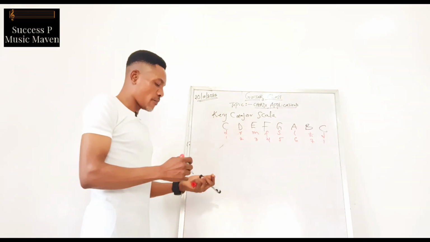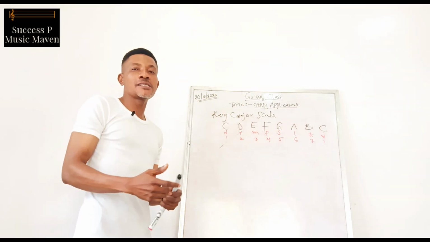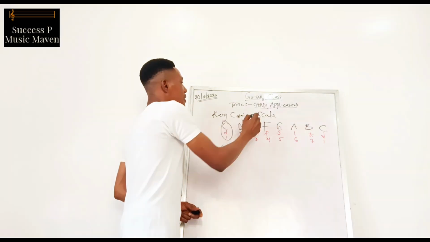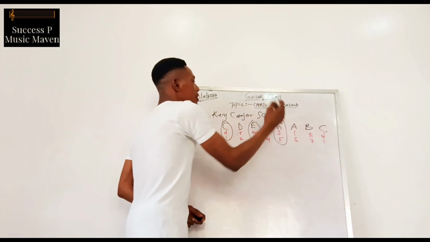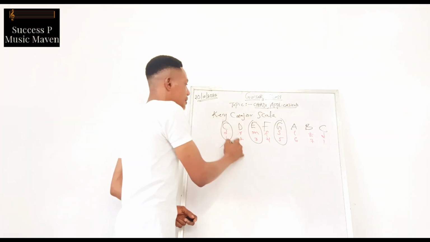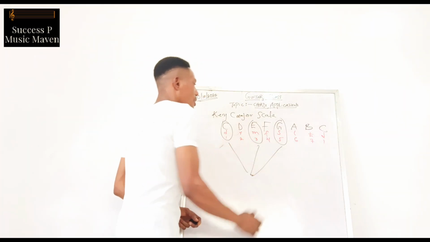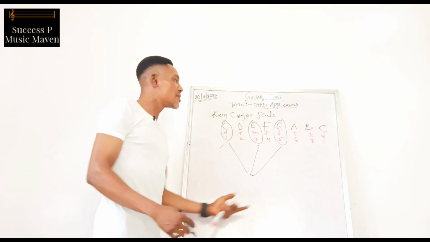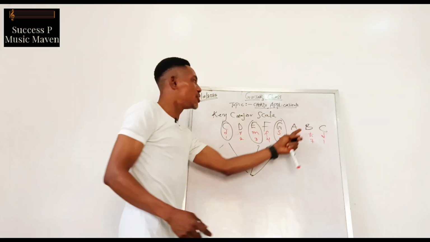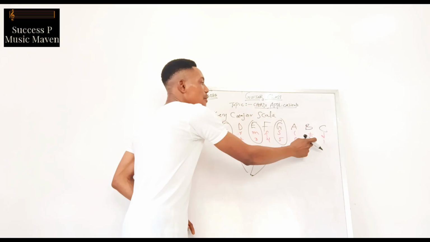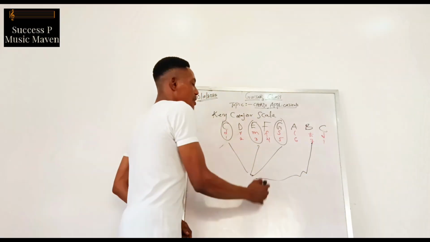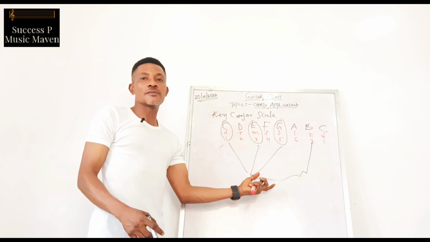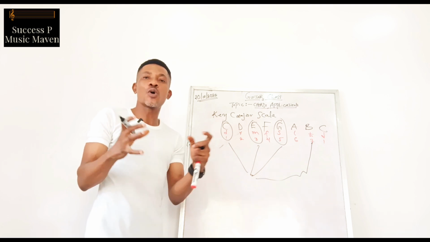Now if I want to pick the triad chord, I'll pick C, E, and G. These three give me the C major triad. If I add the 7th degree to it, which is B, it gives me C major 7th. Okay, and that is not what we are dealing with.